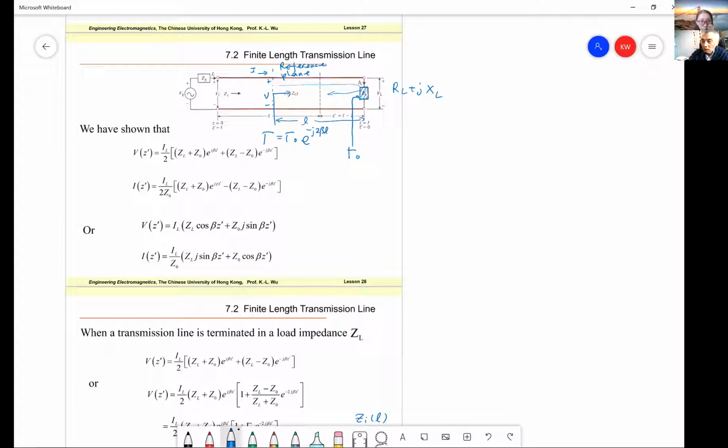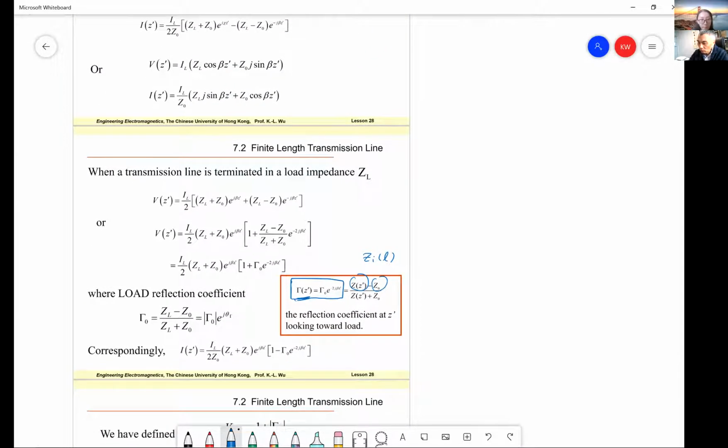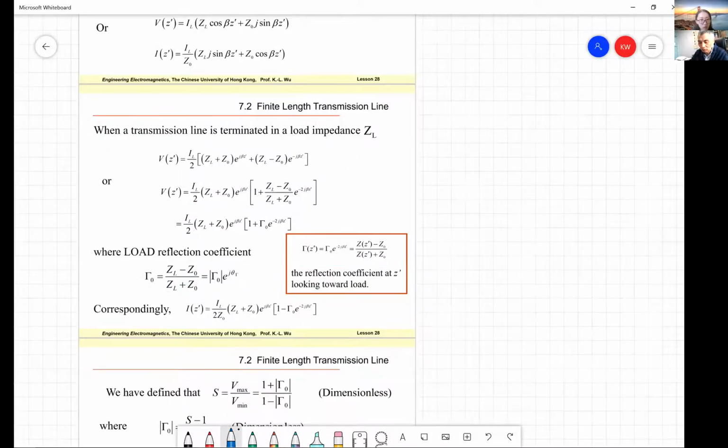The wave from here hits the load, and then the reflected wave is multiplied by its reflection coefficient and comes back. So we can use this property to describe a general expression for reflection coefficient at any location.